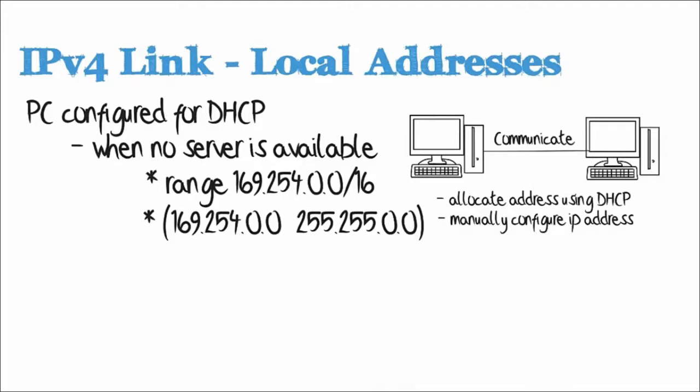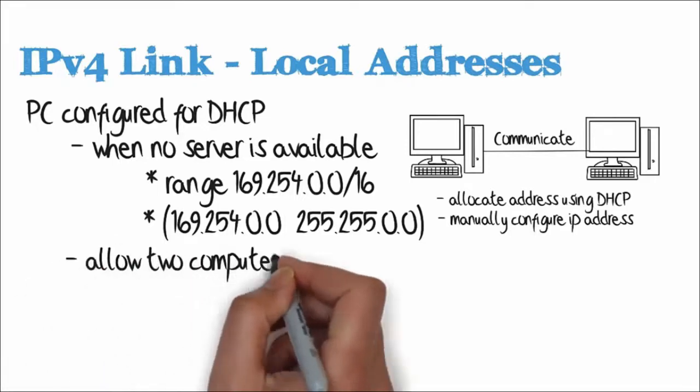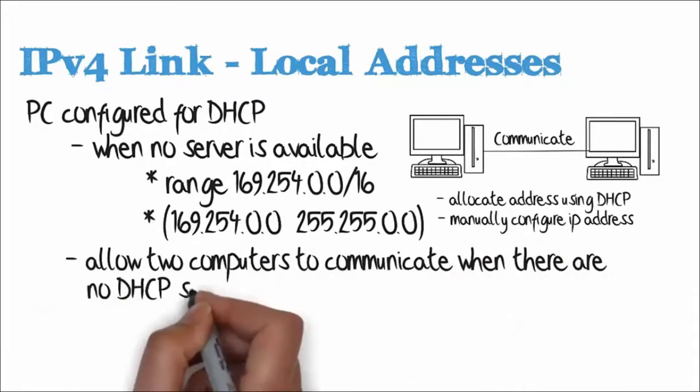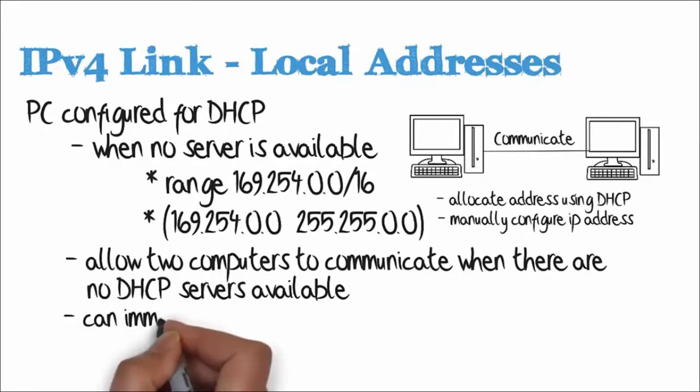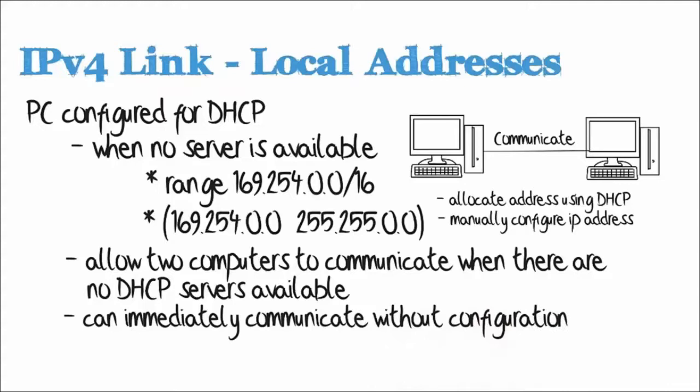These days, that's not necessary, because IP version 4 link local addresses will allow 2 computers to communicate with each other when no DHCP server is available. So if you connected 2 PCs back to back using a cable, they'd be able to communicate with each other without the user having to configure static IP addresses on those devices. The PCs would simply use an IP address in this range and be able to communicate with each other.